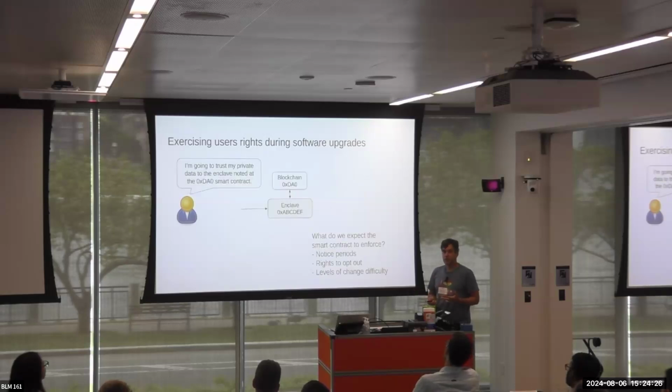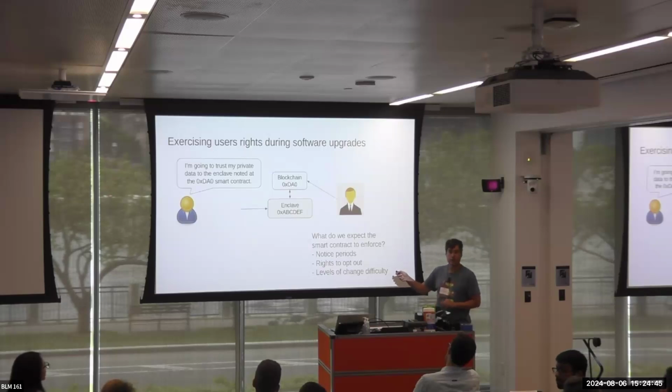The next best thing you can say is, I want to trust my sensitive data to any enclave program that's authorized by a DAO. This is pretty good because now you're referencing this blockchain. A DAO would have to do some multi-sig to approve this. And additionally, you can have a notice period.